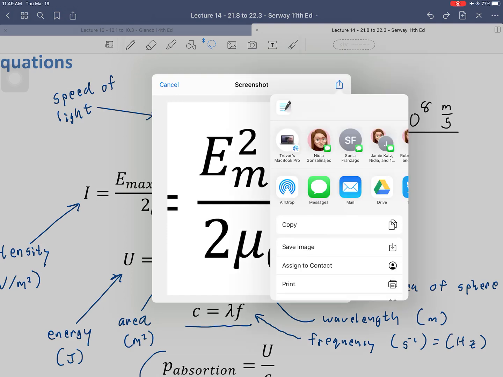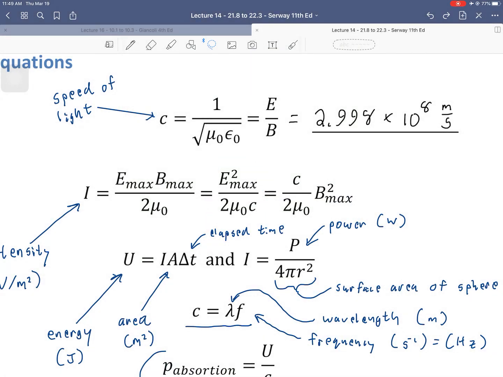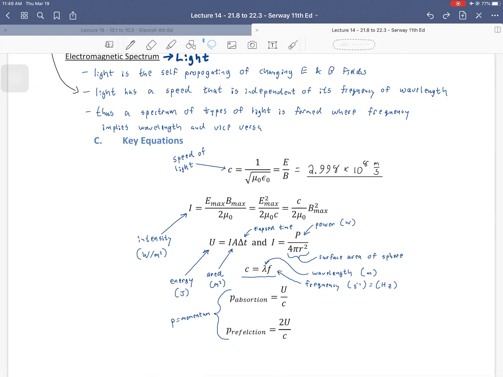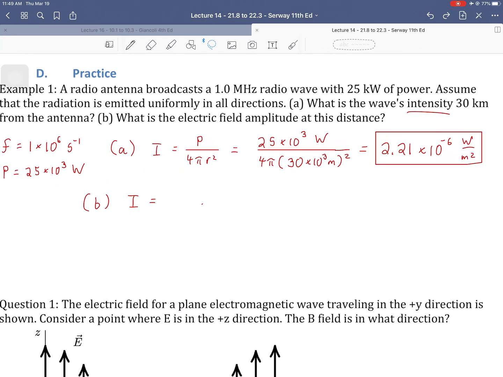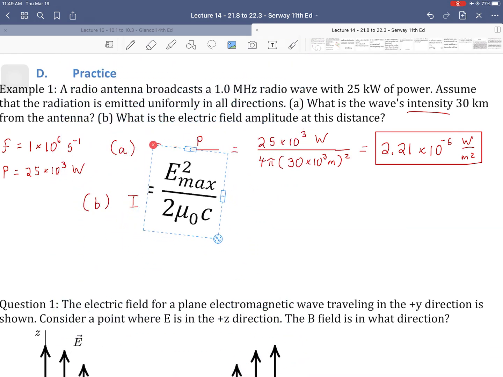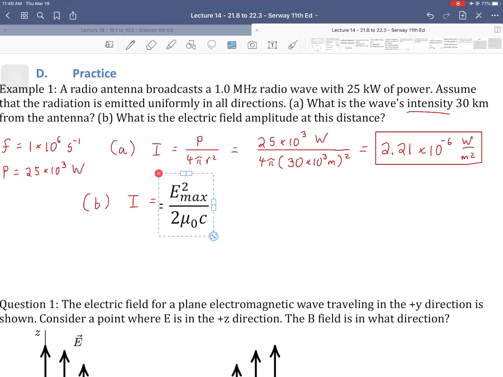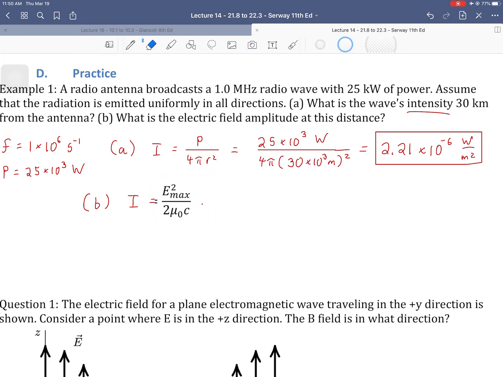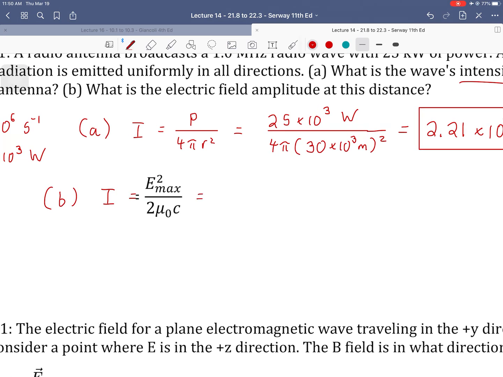That's going to be directly related to the intensity, again, that we solved for in part A. So let's put that in there. There we are. So then what will that look like? We'll solve for, because we're not quite ready to plug anything in, let's go ahead and isolate our maximum electric field, because that's its amplitude.